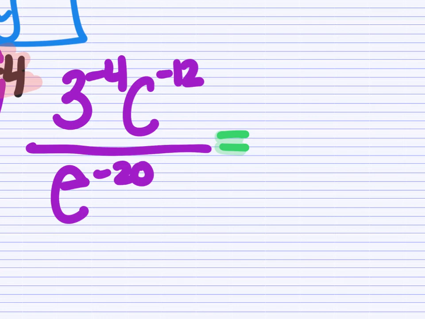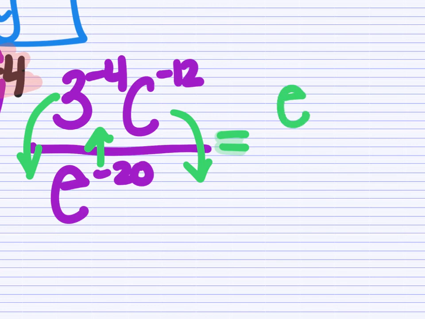So anything that has a negative exponent is going to swap either up or down. So the 3 to the negative 4th is going to go to the bottom, the c to the negative 12th is going to go to the bottom, and the e is going to come up top. So exactly everything is switching places.